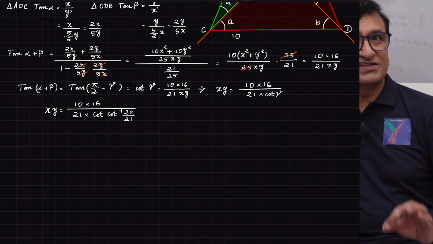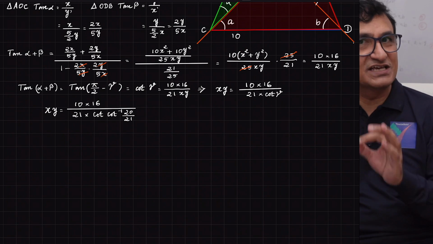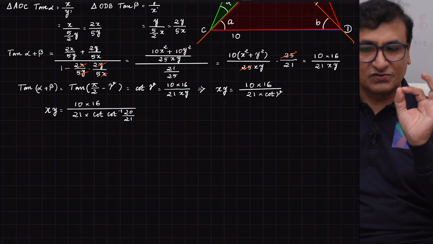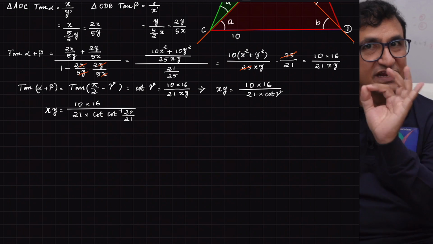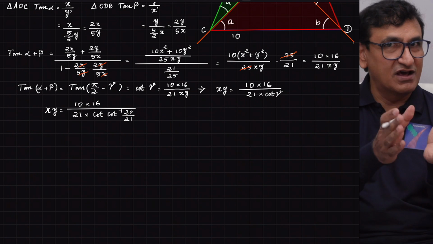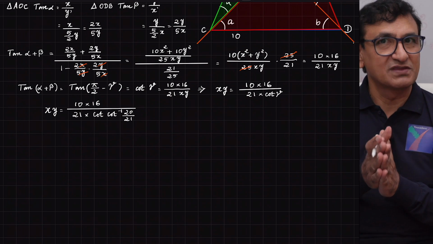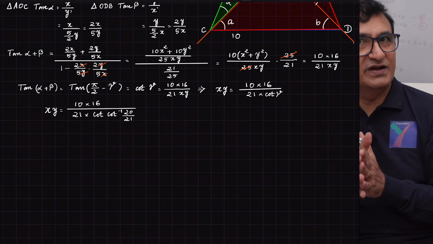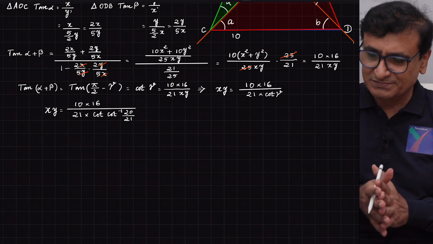Now you understand why we define the inverse function, because we have the expression here, cot inverse of 20 by 21. What is cot of cot inverse of 20 by 21? As per our definition of an inverse function, it is just 20 by 21. And 20 by 21 is in the domain of cot inverse, and 20 by 21 is a real number.